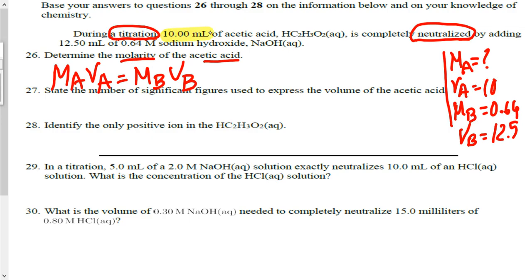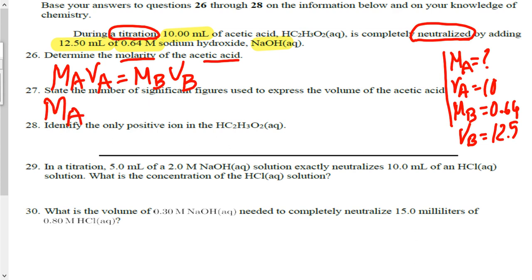So that's VA. Then we have the volume of the base, which is VB, and then we have the concentration of the base, which is 0.64, sodium hydroxide, and hydroxide is a base. So we know VA, we know MB, we know VB. So all we have to do is set up the equation.